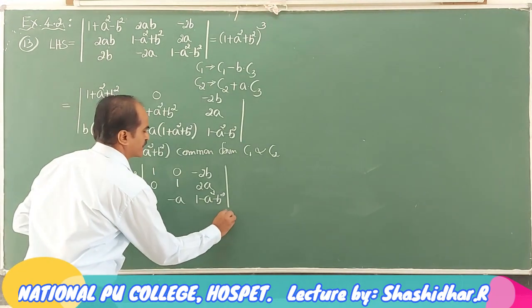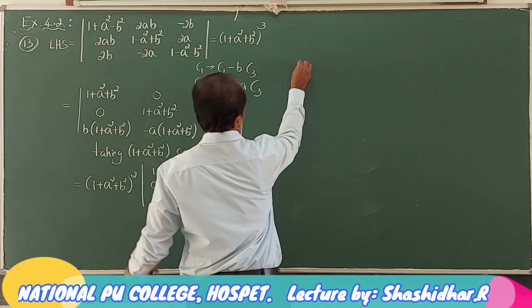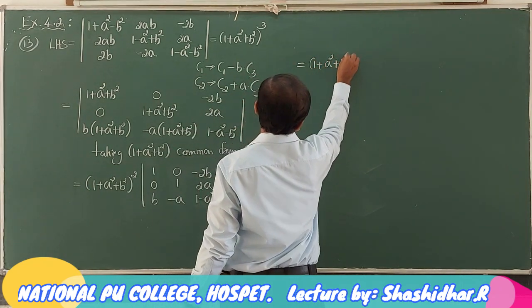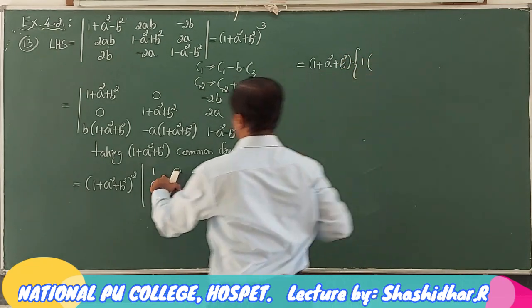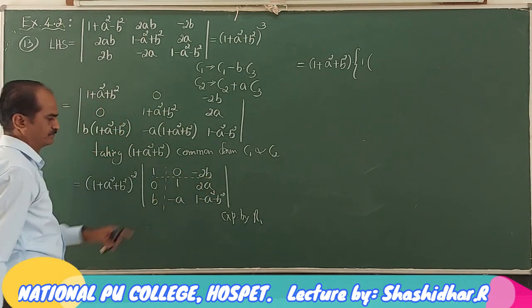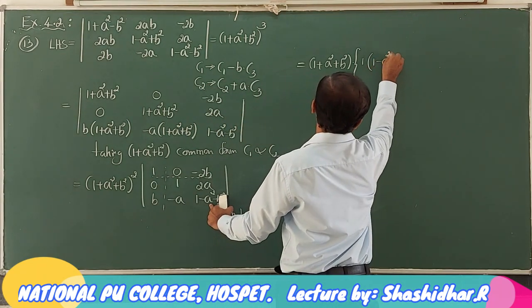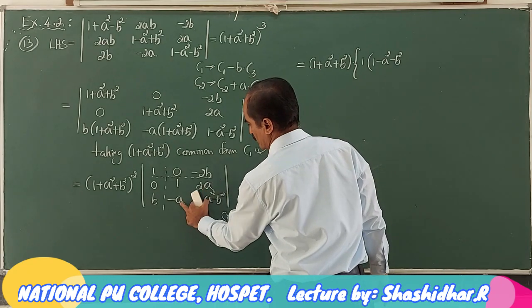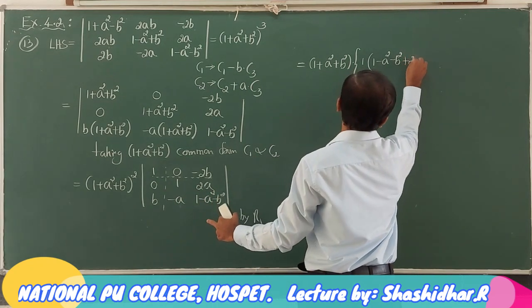So let me expand it by say R1. So here 1 plus a square plus b square into 1 into, leaving first row, first column. It is 1 time of this 1 minus a square minus b square minus of product of these two minus of minus 2a square means it is plus 2a square.